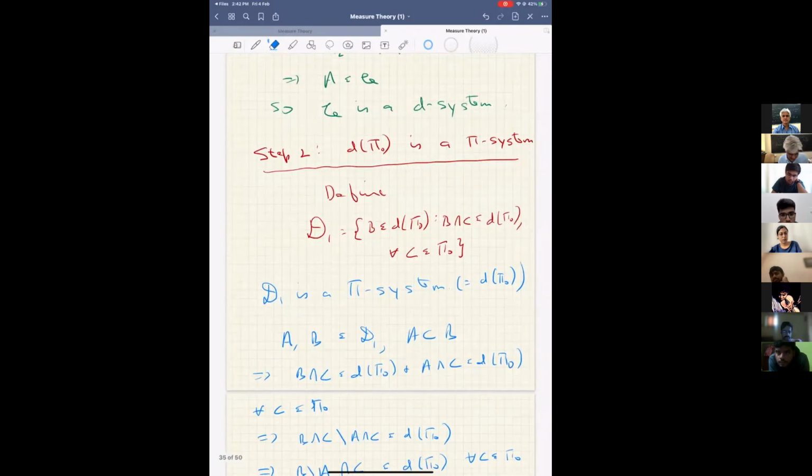So D1 is, let us collect all the sets B in D of pi 0. It's the smallest D system which includes the sets in pi 0. So let's include all the sets B in D of pi 0 such that B intersection C is also in D of pi 0 for all C in pi 0. So let's absorb this definition for a moment.